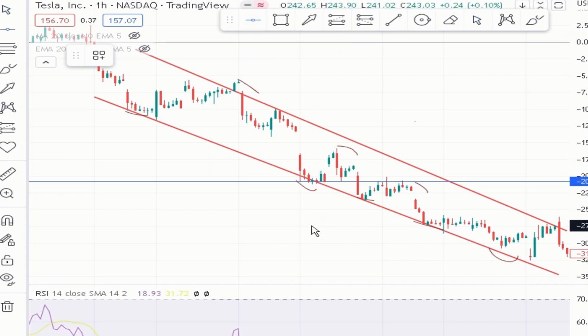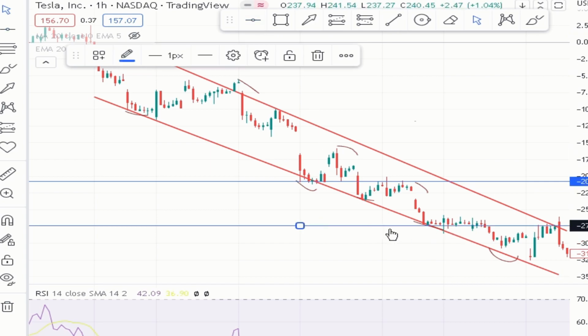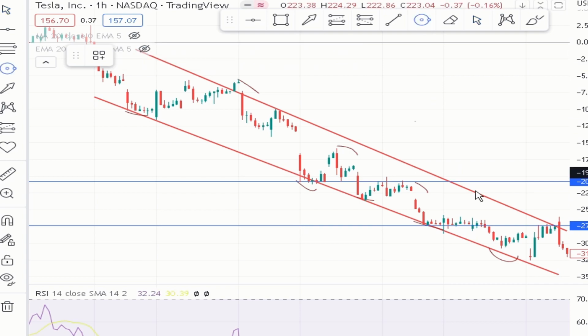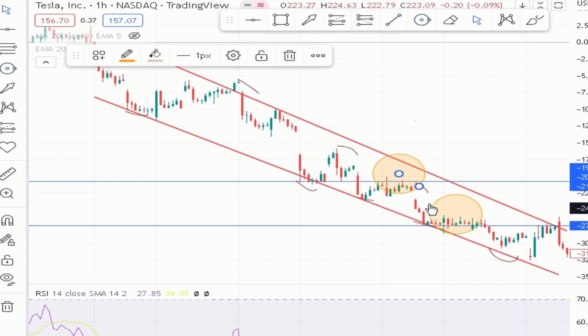Simple as that. So now we are looking for the next support. This area now becomes support, whereas this area now becomes resistance. So once the recent support and resistance broke, it becomes the new support and resistance. Just keep this in mind.